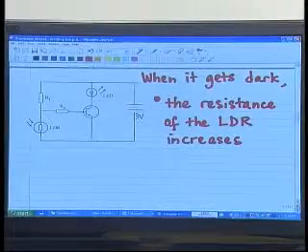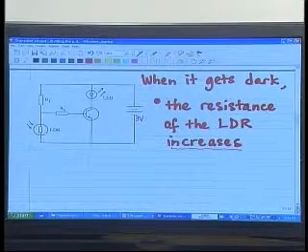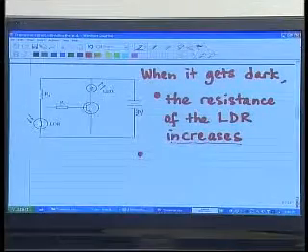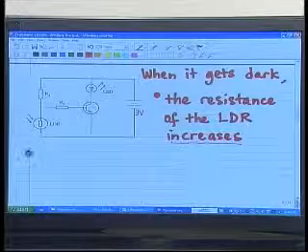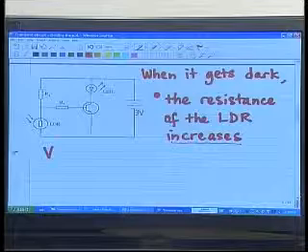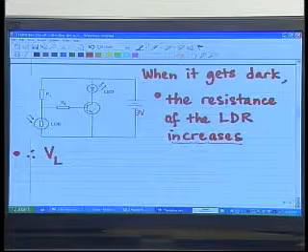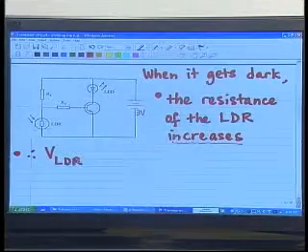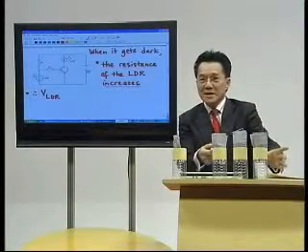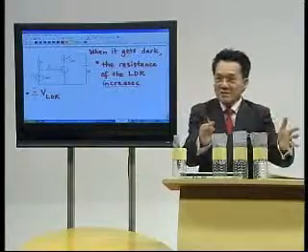When the resistance of the LDR now becomes very, very big, increases a lot, what happens now to the potential difference? I'll put it here. So now what happens to the potential difference across the LDR? Alright? So therefore, the potential difference across the LDR, does it go up or go down? Remember, look at the money here. Alright, the bigger the resistance, the bigger the voltage across the resistor.